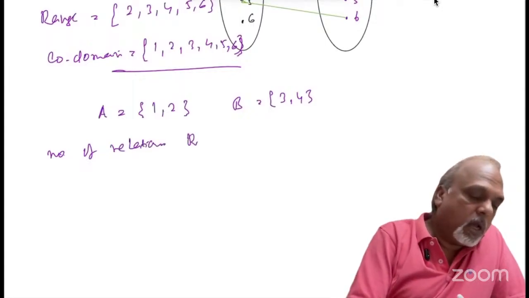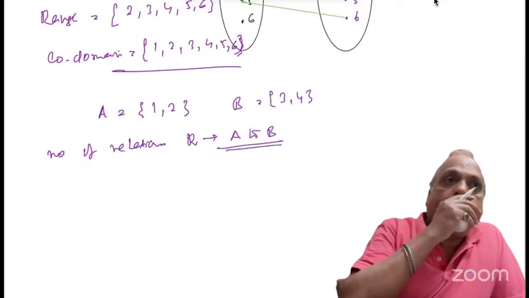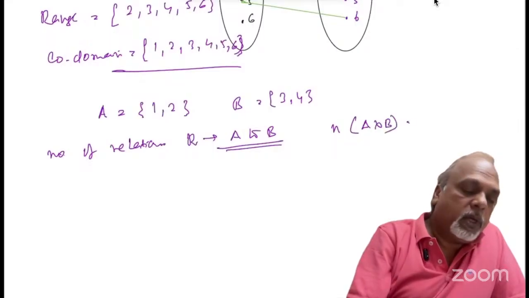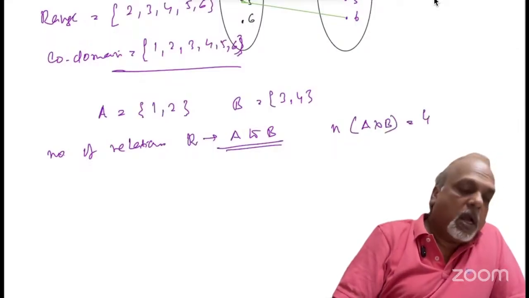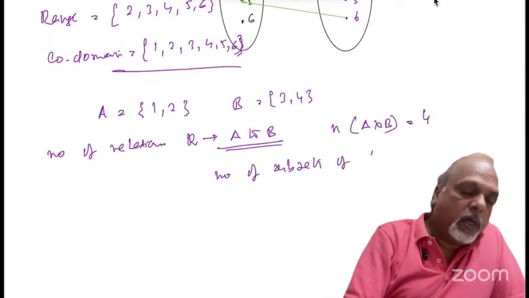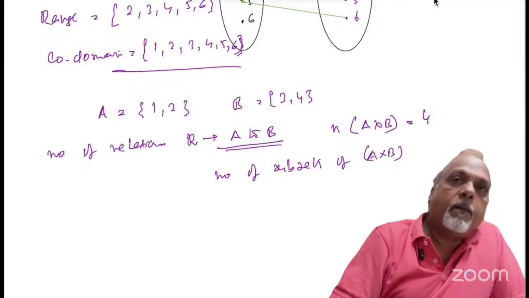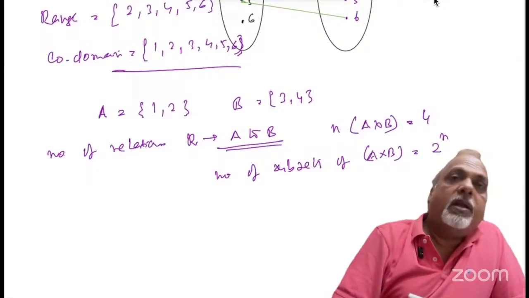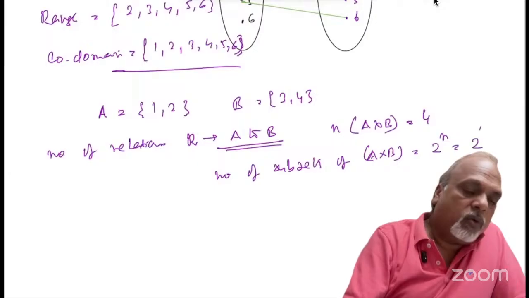Relations are A to B. Then how many, this is basically 4, and how many subsets of A cross B, that you know is 2 raised to power n. Here n is what? N is 4. That means 2 raised to 4.